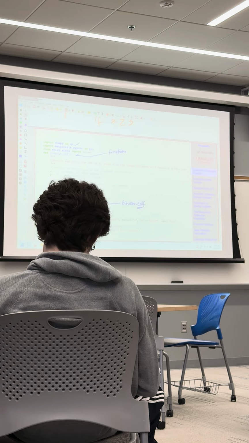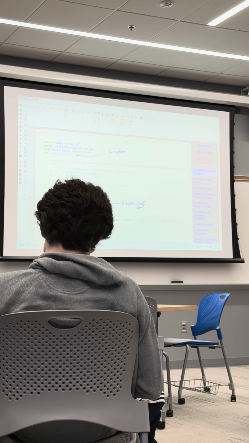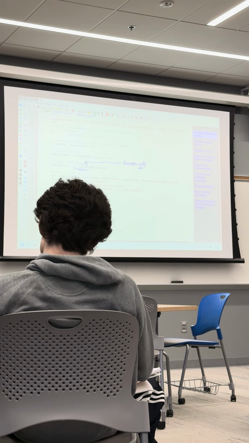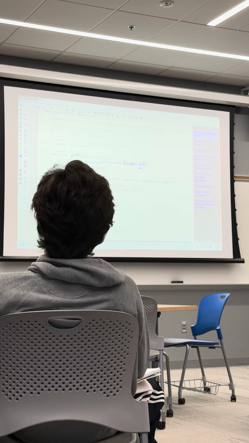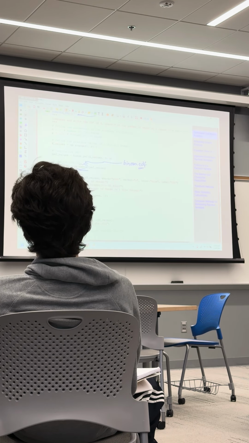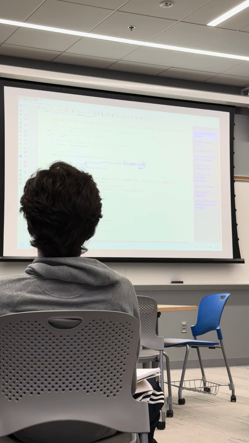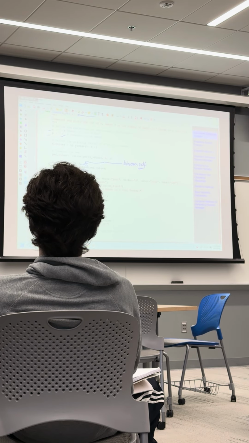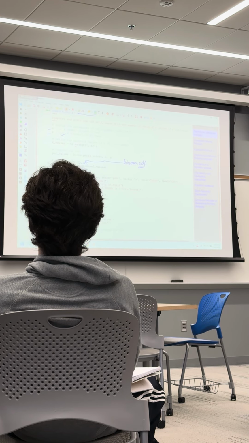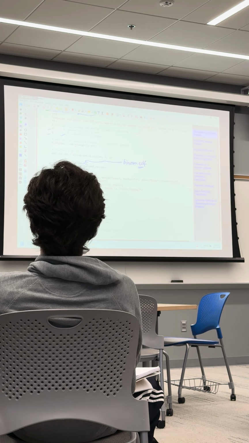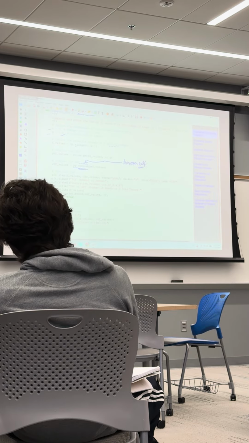You can use any other name. Number of coin tosses: n equals 3 is the number of coin tosses. P is the success probability, and then the x value is basically a range from 0 to 3. Because n equals 3, this range function will give you numbers from 0 up to whatever the number here minus 1. Because we have n plus 1, it will give you 0, 1, 2, 3.